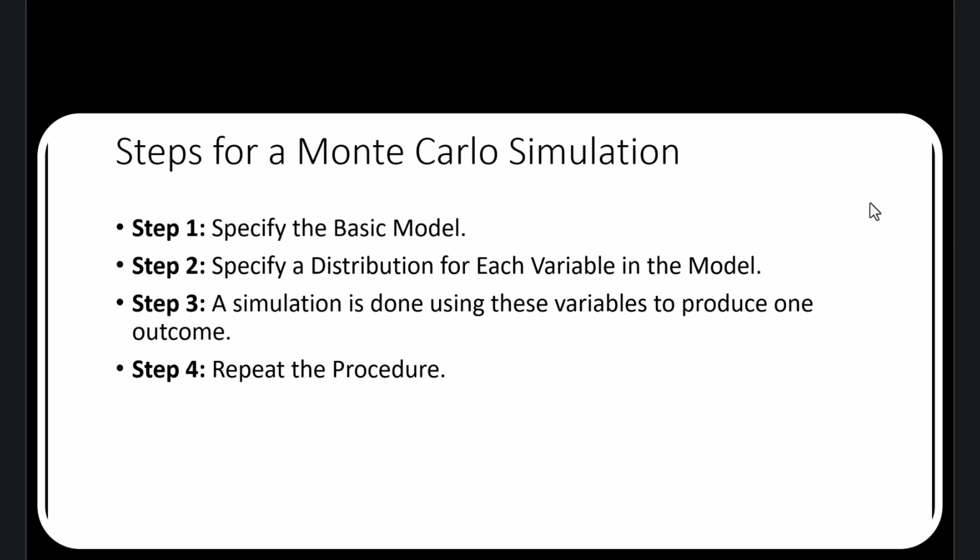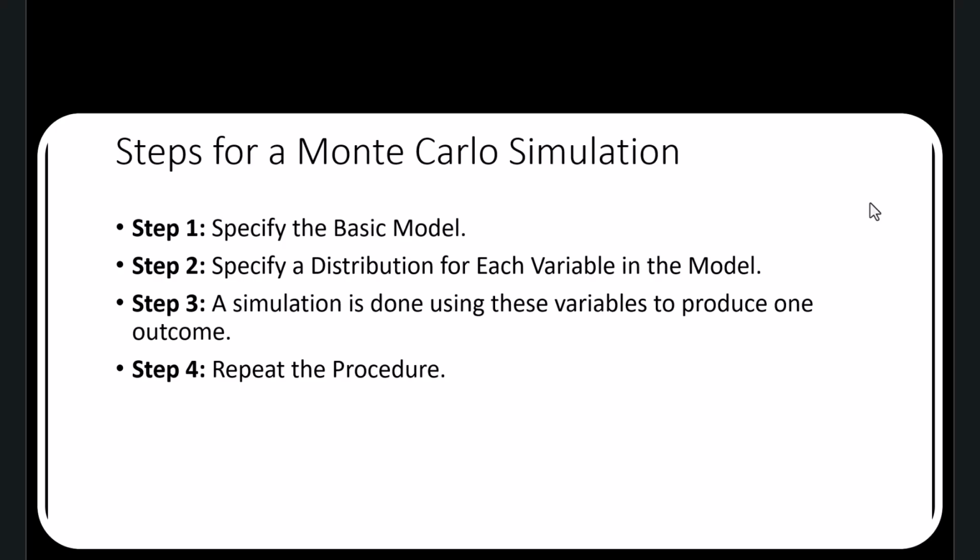So what are the steps for a Monte Carlo simulation? You specify the model. In the case of the hurricane, they're looking at atmospheric pressure, wind speeds, temperature, etc. In the case of financial modeling, for example, a capital budgeting problem, we're going to look at what's the model we're looking at. We're going to use NPV, and how are we going to calculate NPV?